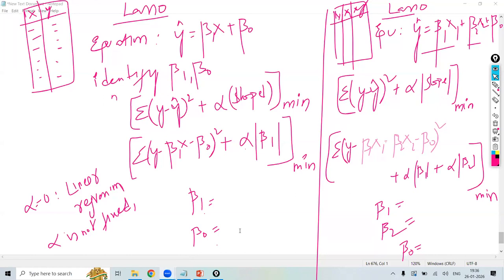As the equation changes, new predicted values will be there. The difference between those new predicted values and the original values, the error, might be reduced. Instead of the old beta 1 and beta naught, now we are trying new beta 1 and beta naught values. Whatever problem we got in linear regression, now we are trying to rectify it. Ranjita, now it's clear?